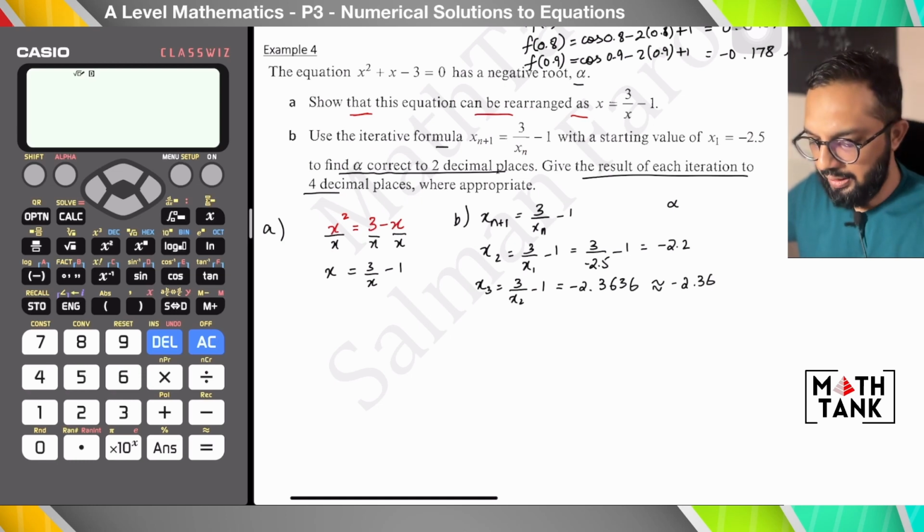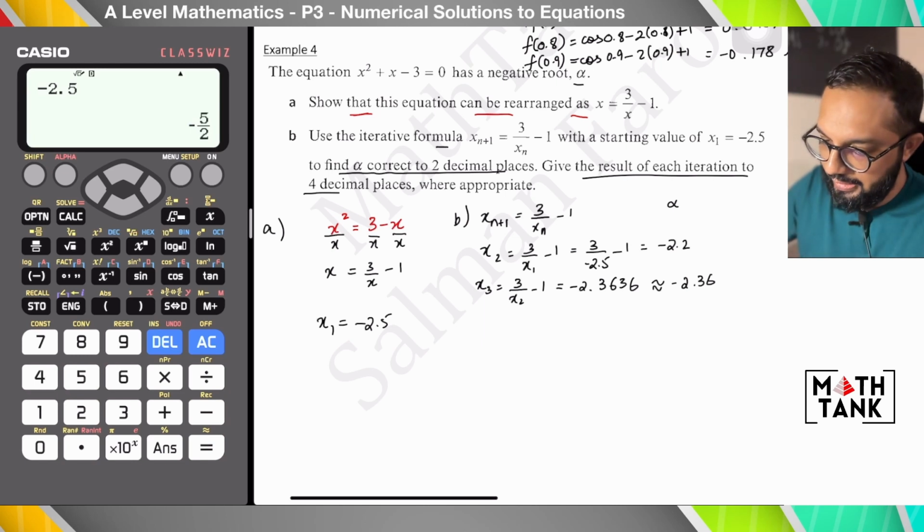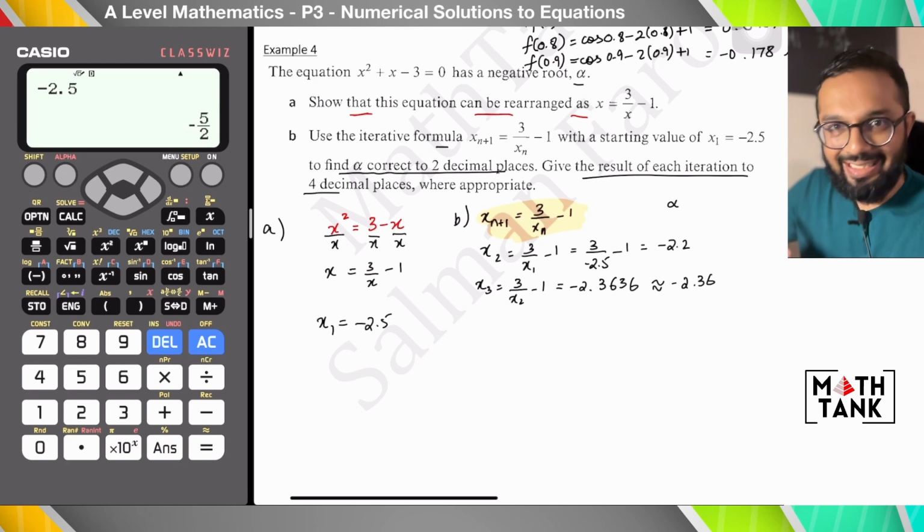Okay, I hope you can now see the calculator on my screen. So what am I going to do? I'm going to use my x1, which in this case is minus 2.5, and I'm going to put that on my calculator, minus 2.5, and press equals. Now I'm going to use this expression from the iterative formula and construct it on my calculator.